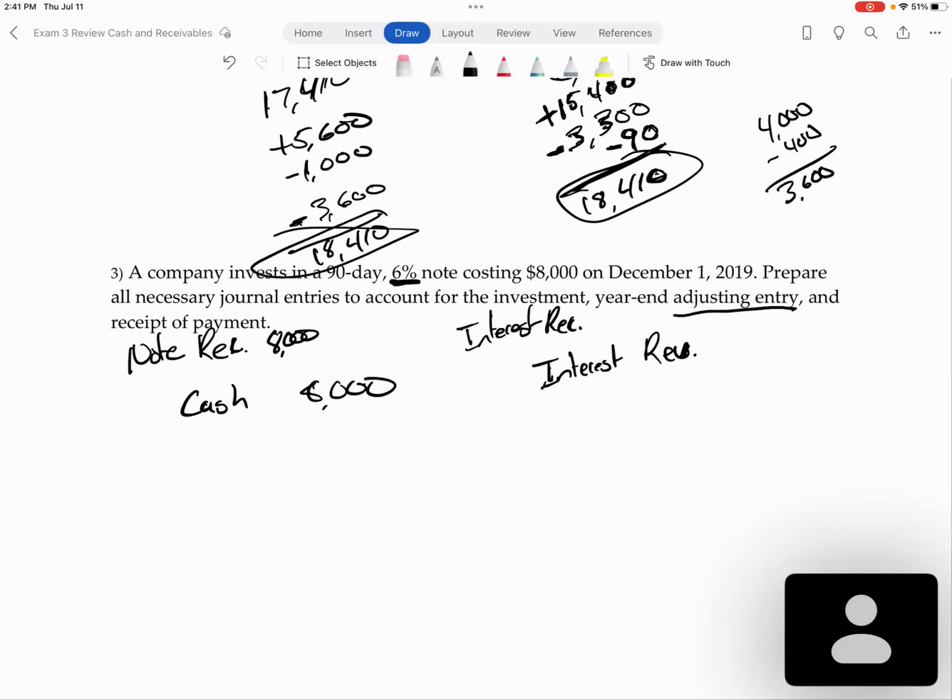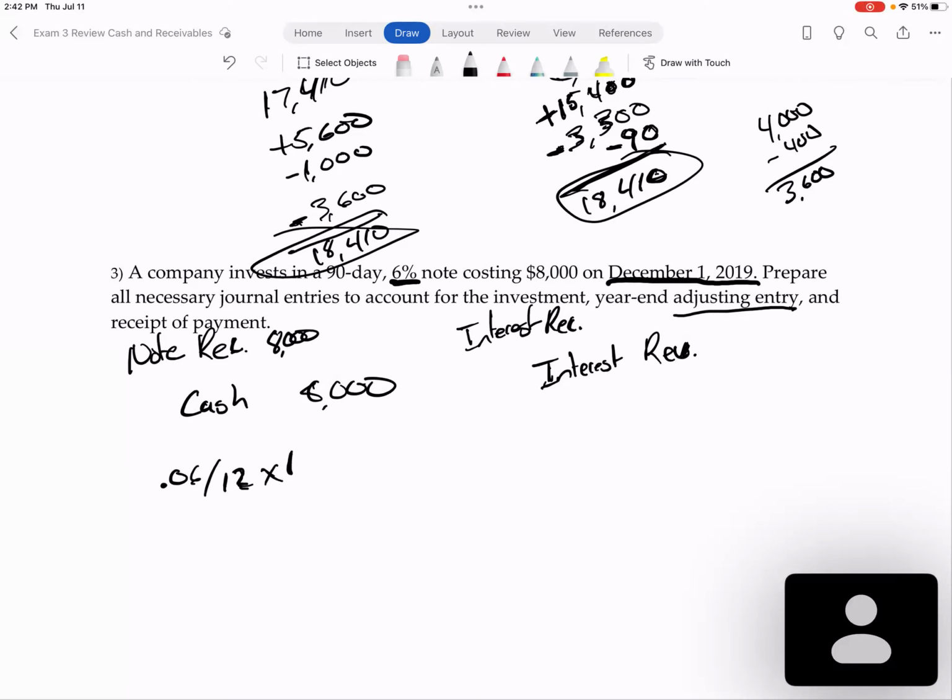Okay, remember the interest rates are always stated in annual terms. So just go 0.06 divided by 12. That'll convert it into a monthly interest rate and then the number of months that went by. So we did this on December 1st, so really just 1 month. But if it was on October 1st or September 1st or whatever, you do months until the end of the year.